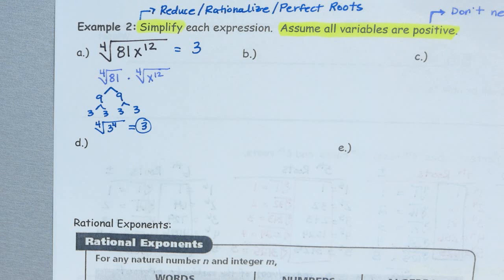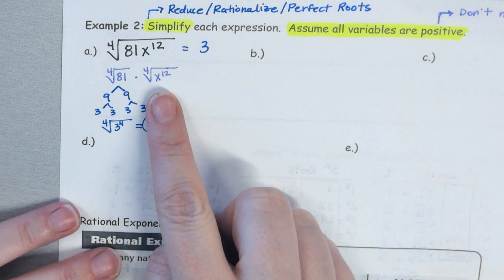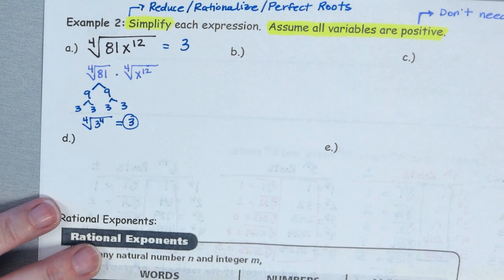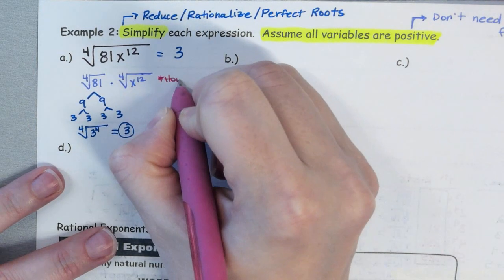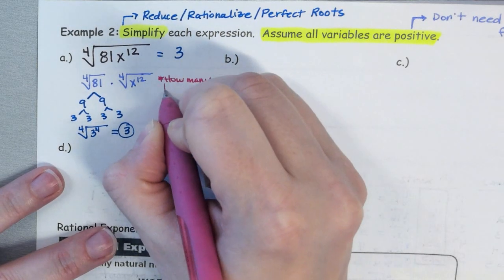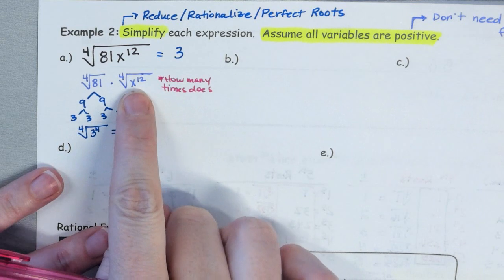I'm going to show you the quick way to think of how to simplify the variables, and then I'm going to show you how it works. So when you're doing this on your homework, you're going to be able to do that part in your head. We're just going to write down why it works the way that it does. So this is what you want to ask yourself: how many times does the index go into the power?